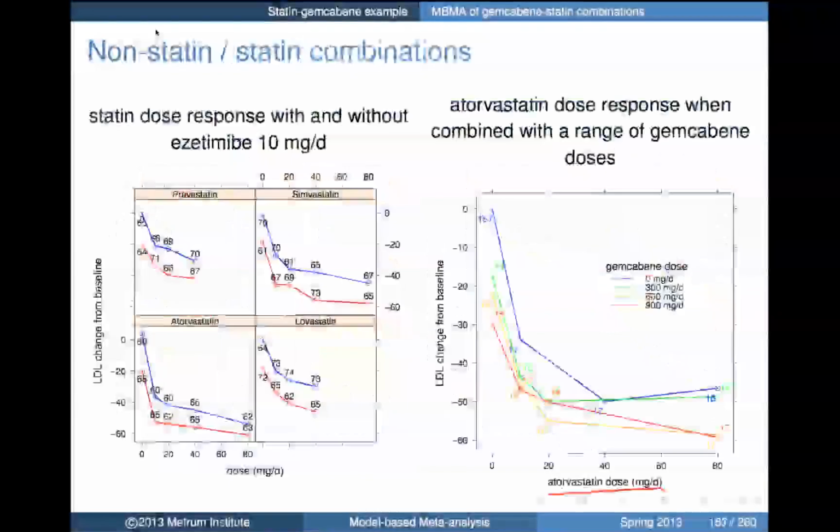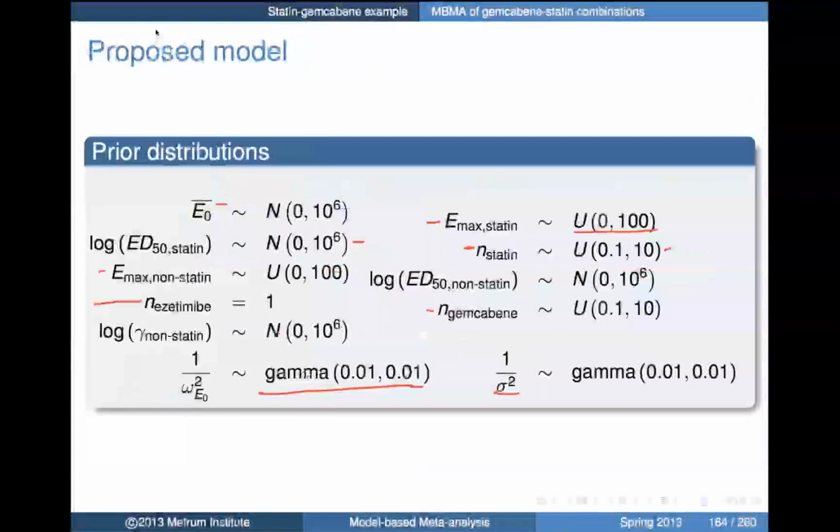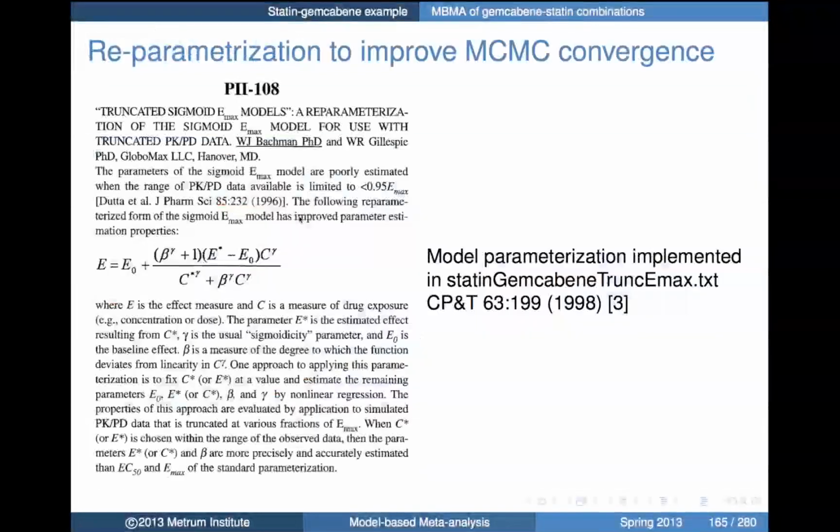One trick that I found often helps when I'm working with Emax models is a reparameterization, and I've seen a couple of other similar reparameterizations that would likely work reasonably well also. But the parameterization I'm going to use is one that I described a number of years ago and labeled a truncated Emax reparameterization.